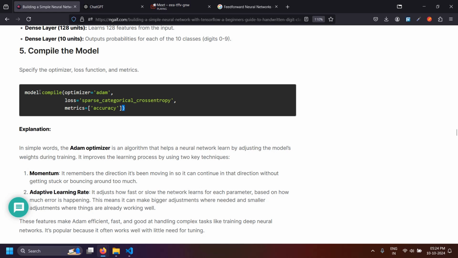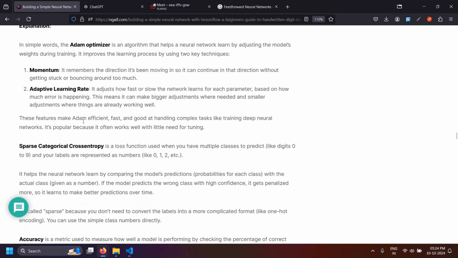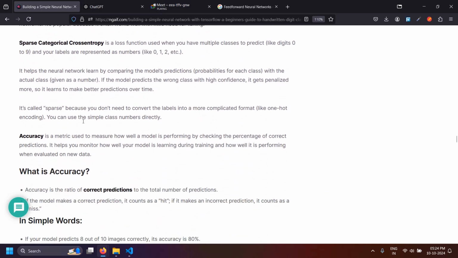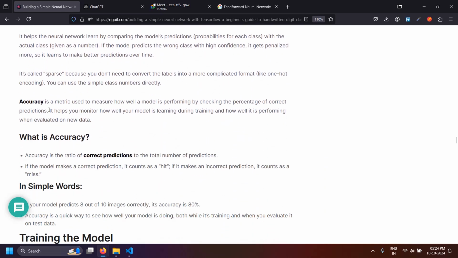So while compiling the model, you have to specify the optimizer, the loss function, and then the metrics. Accuracy is a metric used to measure how well a model is performing by checking the percentage of correct predictions. It helps you monitor how well your model is learning during training and how well it performs when evaluated on new data.